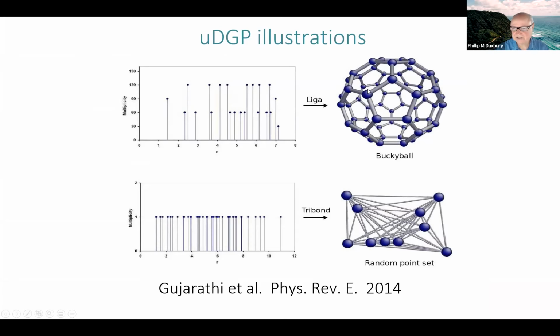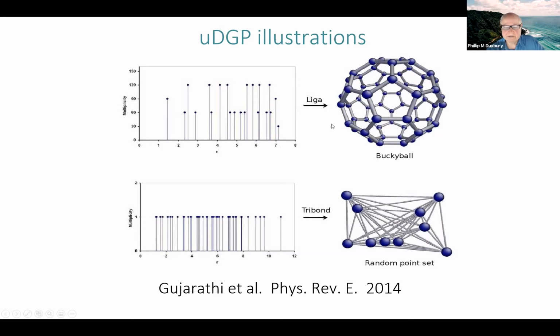And then there are other distances, say the third neighbor distance, this one here, has higher degeneracy, which is 120. So there's a lot of information in these multiplicities. Despite the fact there are only 21 unique distances here, there is enough information to reconstruct the fullerene.